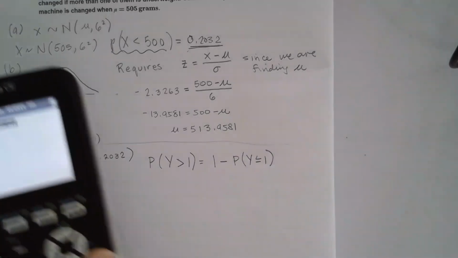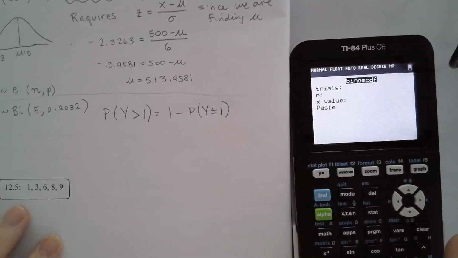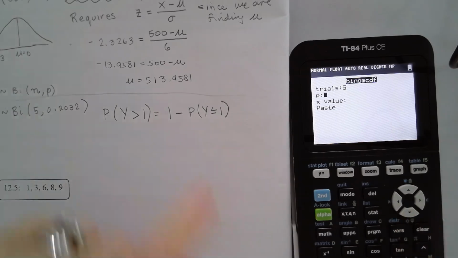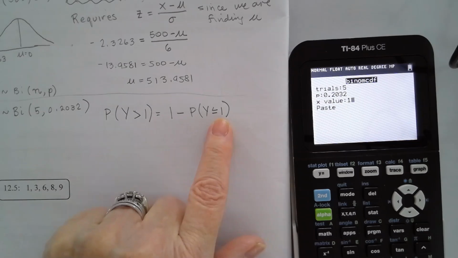All right, so I'm going to type it in. It's 5 trials, and there's the probability that I already figured out before. And that's 1, that value.